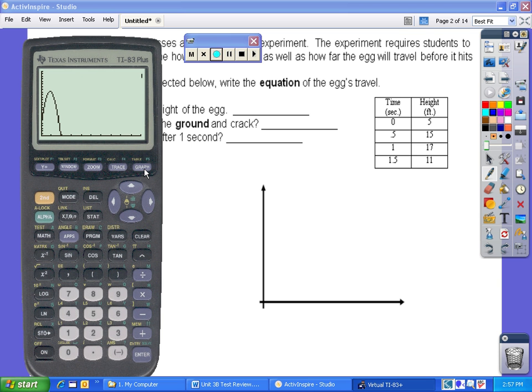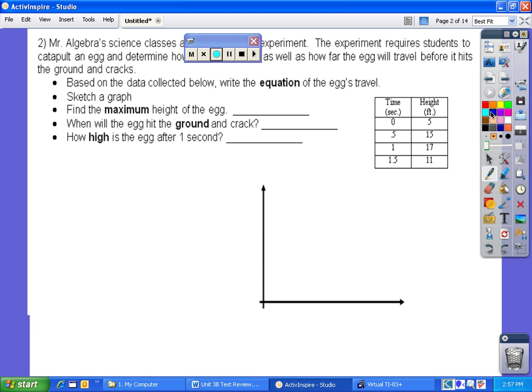So, of course, the first thing I want to find, well, before I do that, let me write in the equation. So, the equation right here is going to be y equals negative 16t squared plus 28t plus 5. Now we're going to get all the information we need to sketch the graph.